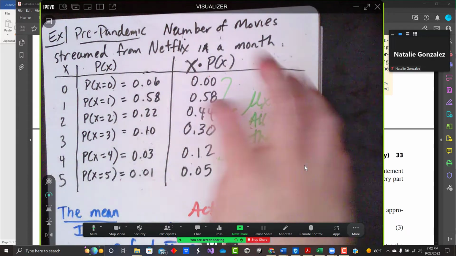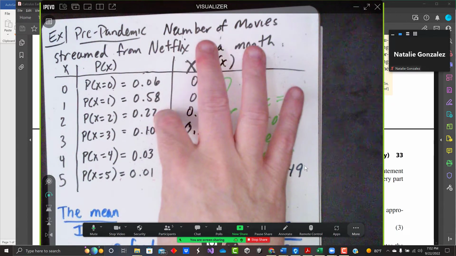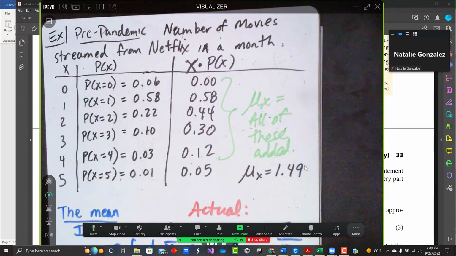And we can see a bulk of that data is between 1 and 2, right? 0.58 and 0.22 covers most of the houses. And so it seems reasonable that our answer should be somewhere between 1 and 2.